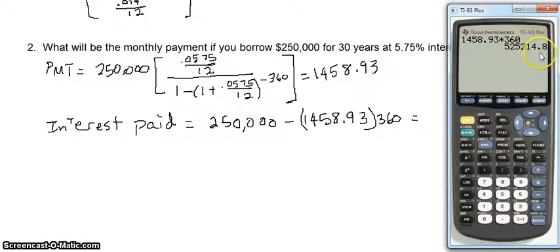Then if you subtract out the amount that was principal, that means for a house that cost $250,000, you've paid $275,000 in interest. And that's really typical. And it's worse with higher interest rates.